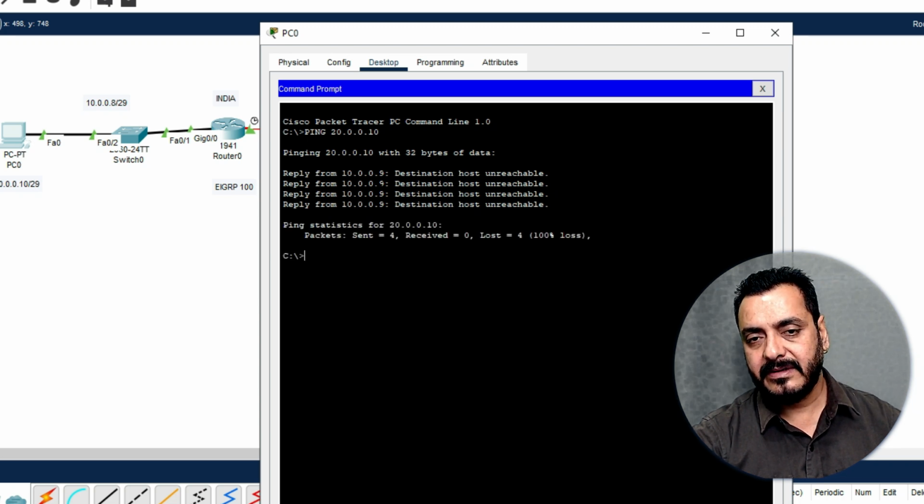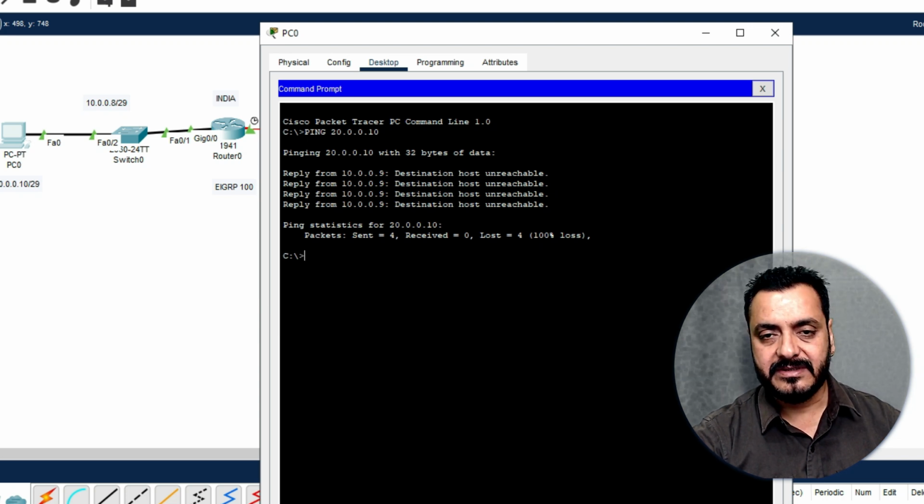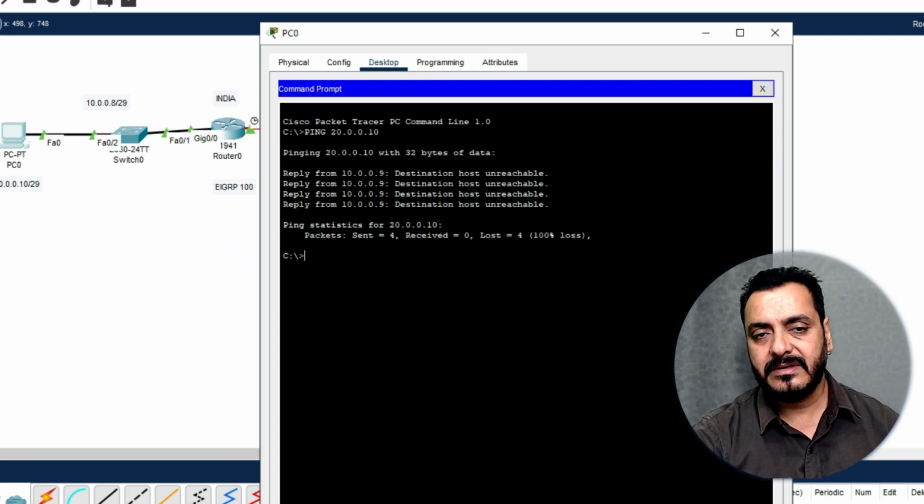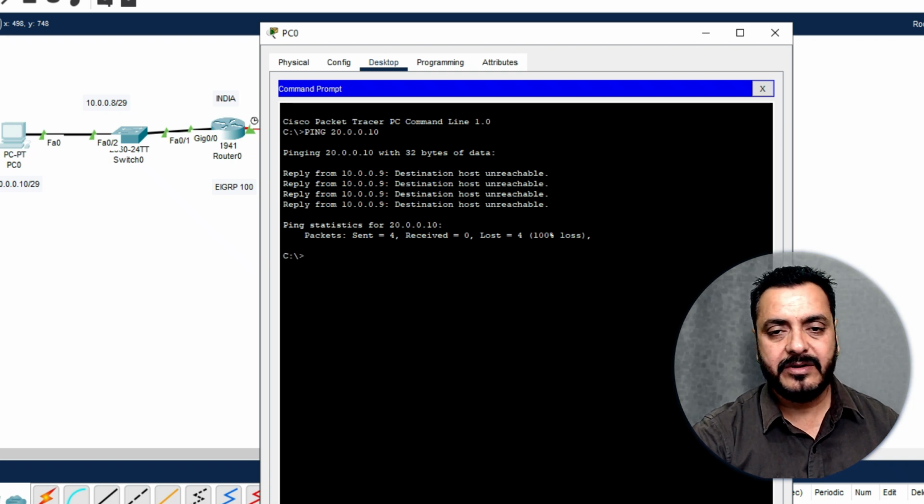Reply from 10.0.0.9, destination host unreachable. So 4 sent, received 0. So the success rate is 0%. That means the first PC is not able to communicate with the last PC because we have still not configured the routing protocol, because as you know, routing makes your network open.